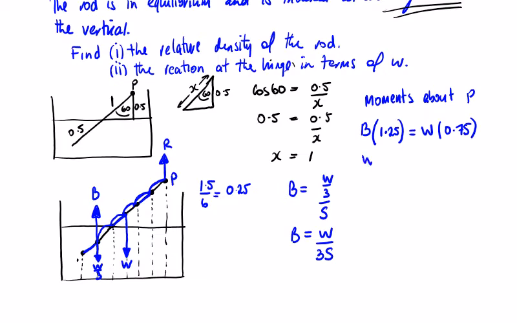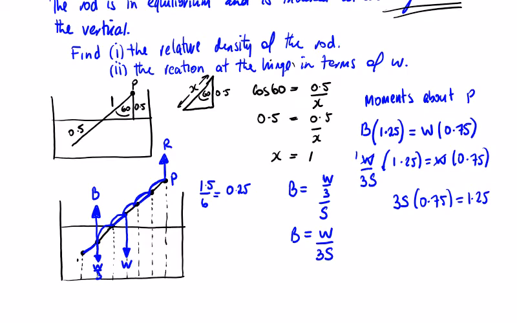So W over 3S times 1.25, just put the decimal in the right place, 1.25, is equal to W times 0.75. So the W's will cancel for me, give a 1 here. So 3S by 0.75 is equal to 1.25.